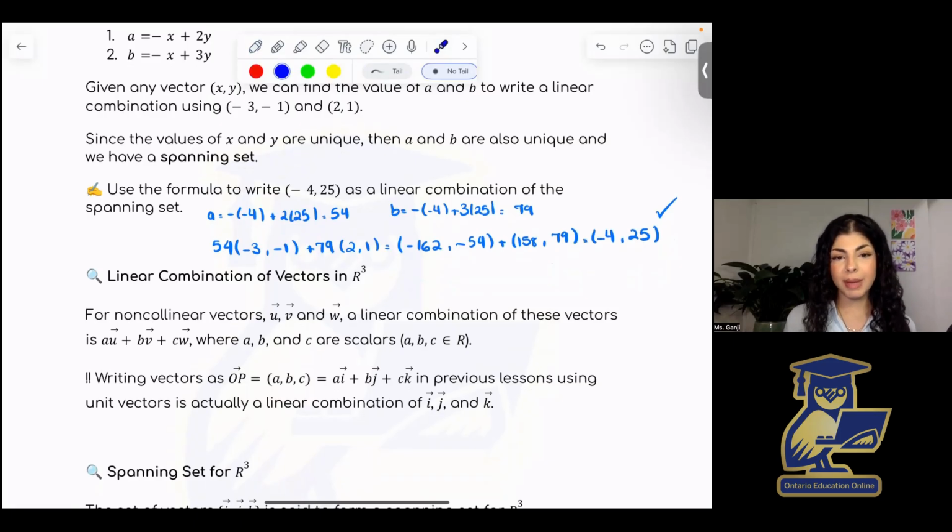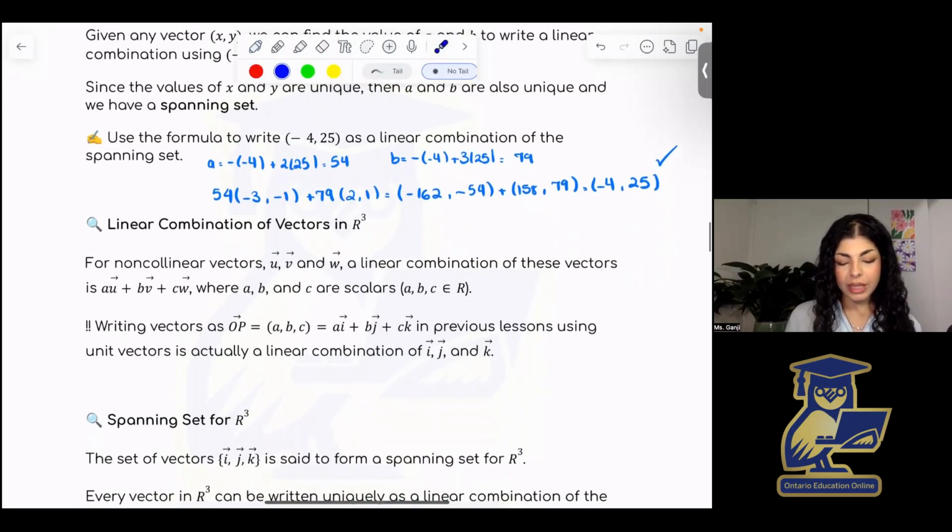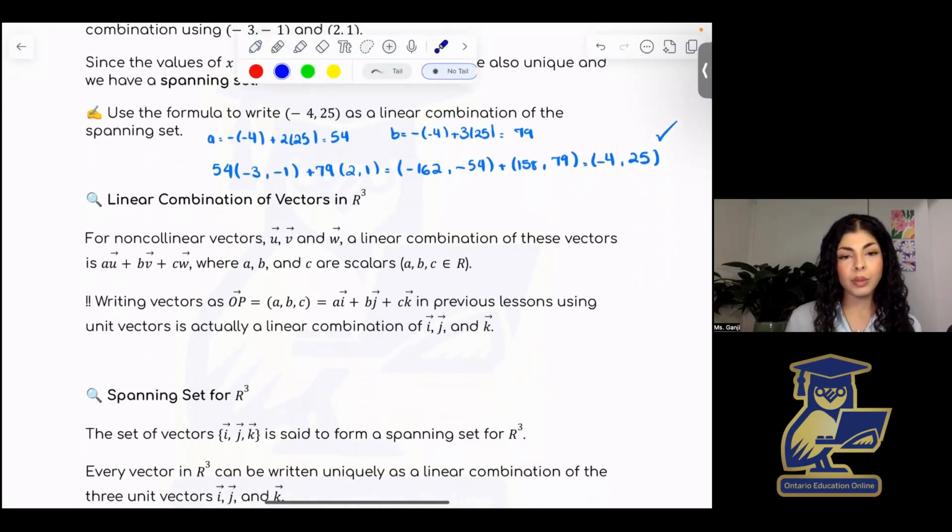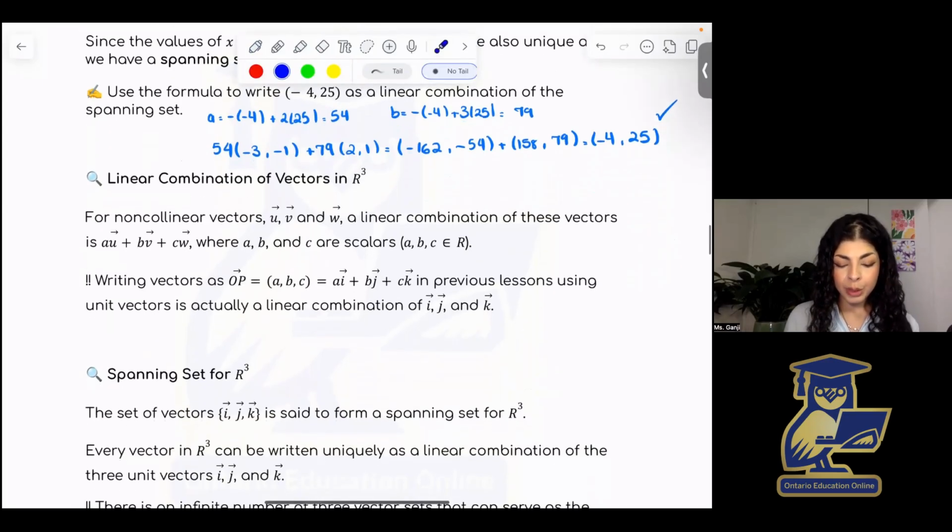And now let's expand to R cubed. So same thing with R cubed, but now we just have to account for that z component. So for non-collinear vectors u, v, and w, so again, they're not multiples of each other, a linear combination of these vectors is when you are multiplying them by scalars.